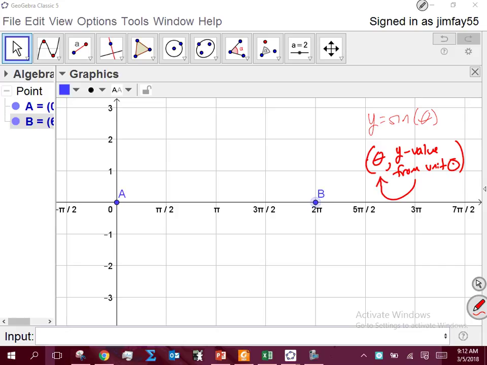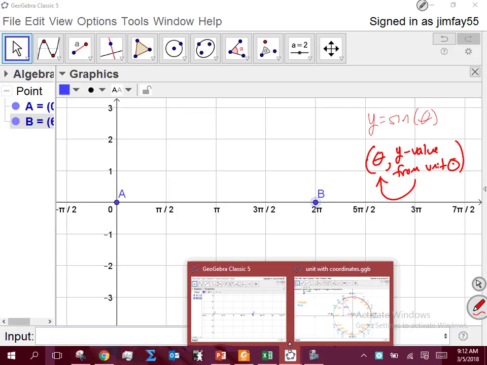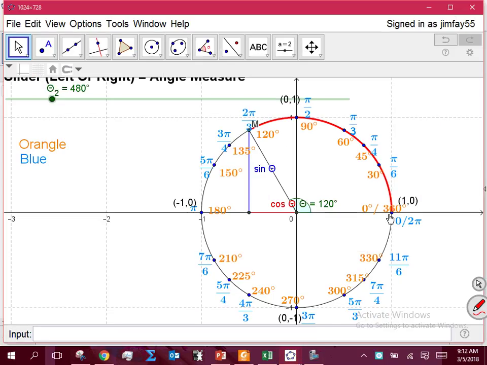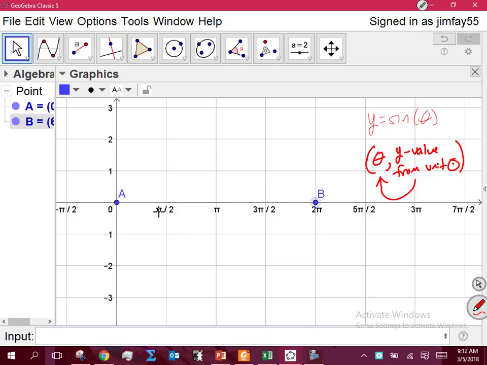So if we think about it, it makes sense logically to graph 0 being theta and the y value is 0, and at the same time graph (2π, 0), because they're coterminal points, right? Graph both at the same time, so it gives you the starting point and the end point.